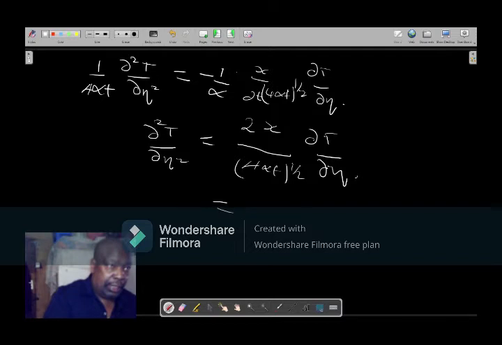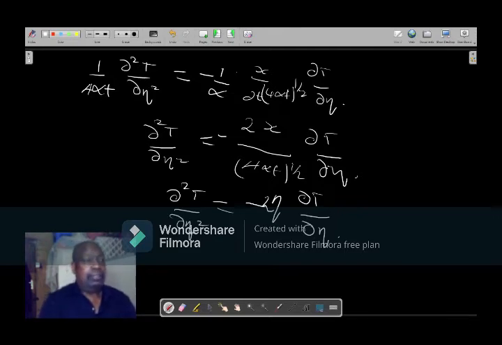And as you can see, there is a negative sign, and x over 4 alpha t square root is the same as eta, so that is eta, and we have 2 dT by d eta.